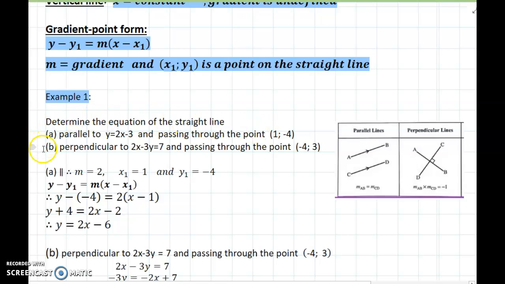B says, determine the equation of the straight line perpendicular to this line and passing through that point there. Now let's remind ourselves about perpendicular. When we talk about perpendicular, we know that the product of the gradients is minus 1.